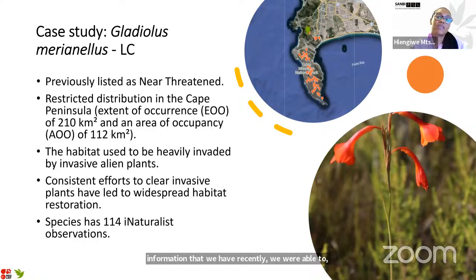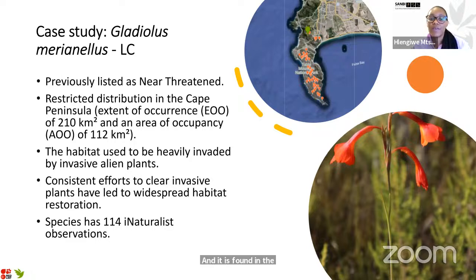And the second case study that I've come up with is of a species that was listed as near threatened in 2006 due to the possibility of being affected by alien invasive plants. It is found in the Cape Peninsula with a very restricted distribution.